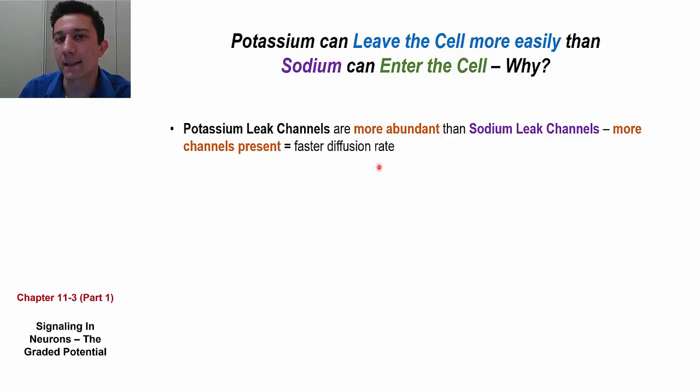So really, all we're adding is more plasma membrane proteins that allow potassium to cross. So it's much easier and much faster for potassium to diffuse and leave the cell than it is for sodium to get into and enter the cell.